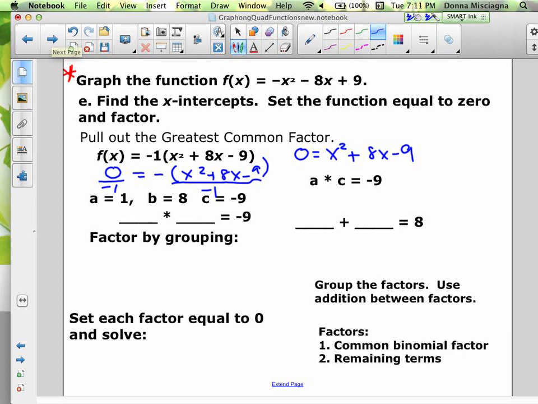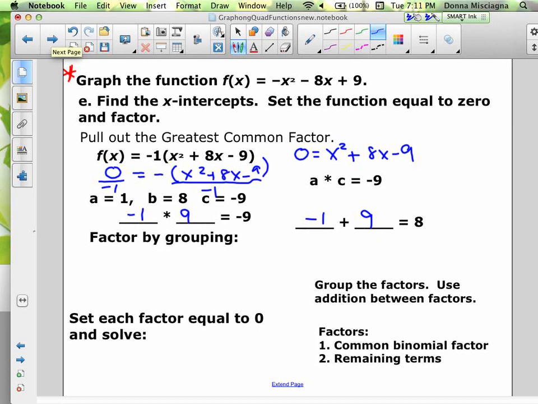So we know, for our factor by grouping, that we need to rewrite our b value as two numbers that multiply to give us -9, but add to give us 8. And what's that going to be? Well, it's going to be a +9 and a -1. Right? So -1 times 9 equals -9. -1 plus 9 equals 8.